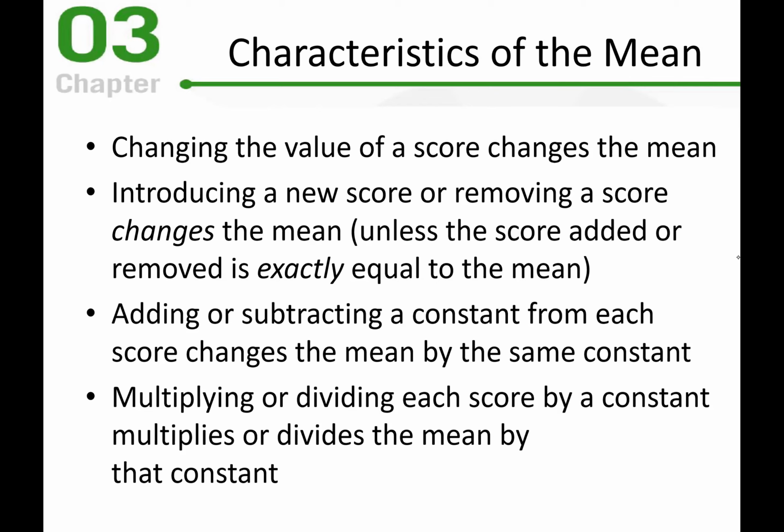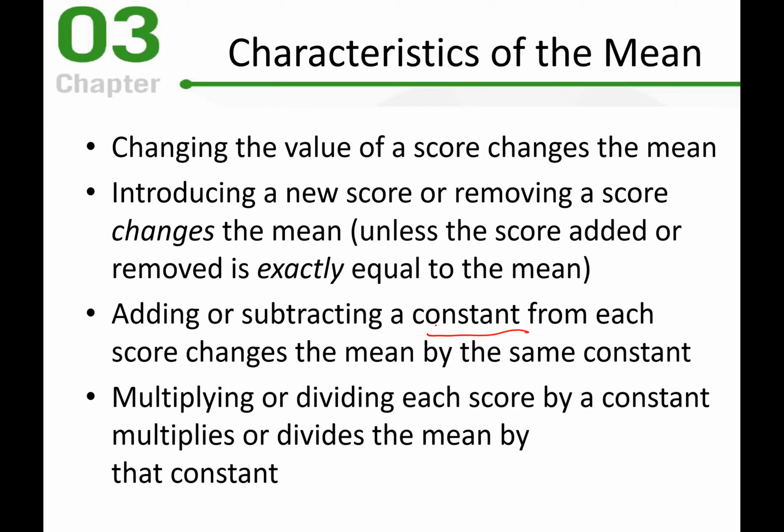Additionally, if we add or subtract a constant from each score, it's going to change the mean by that same constant. Now, what do we mean by a constant? A constant means that we're going to do the same thing to each of the scores. If I say we're going to multiply all the scores in our distribution by a constant of 2, that means we multiply all the scores by that constant.